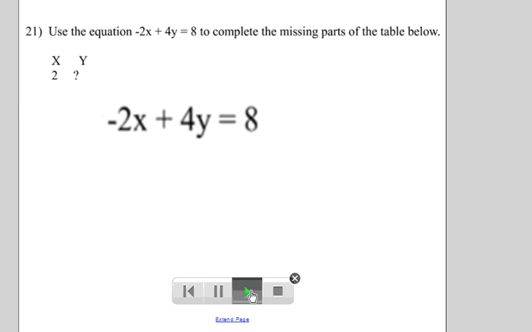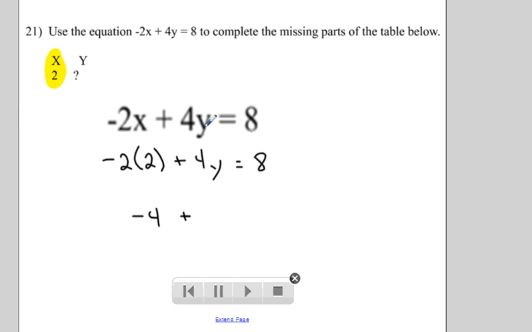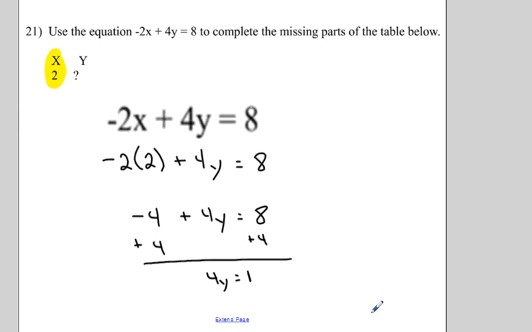Very last one. Plug an X in for the 2, and go solve for the Y. Again, to save time, I took the equation they had down here, waiting a little bit larger, but plug in your known variable and go solve for the one that you're interested in. And it becomes a two-step equation pretty quickly. Y would equal 3.